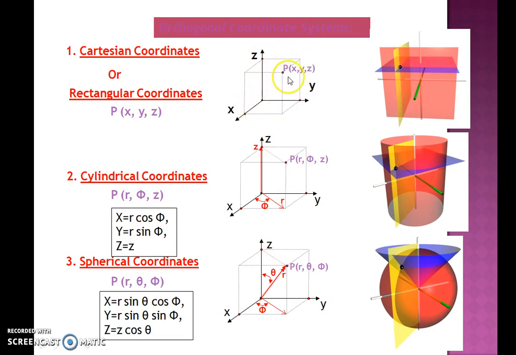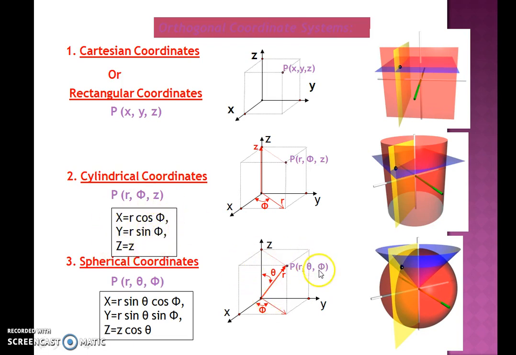This is the figure of point P in the Cartesian coordinate system. You can locate that point P by the x, y and z axes in the Cartesian coordinate system. In the cylindrical coordinate system, the same point can be written in terms of r, theta and z, and you can convert this point into rectangular by using this equation.